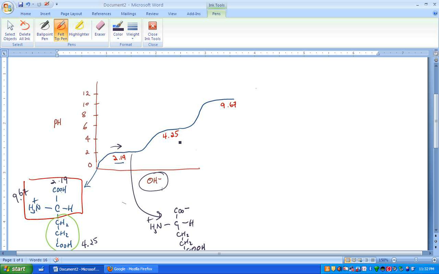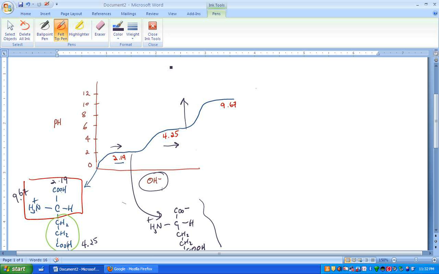So the next step is 4.25, and we need to worry about this point. So what do you think happens? In the beginning, you start more in this form. As you move more to this direction, this part starts getting deprotonated. So you have right here the structure that you see.